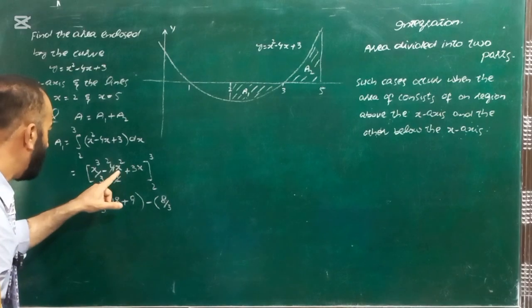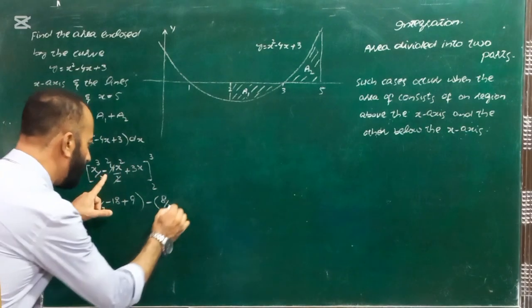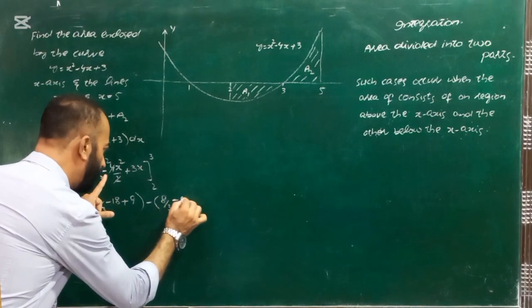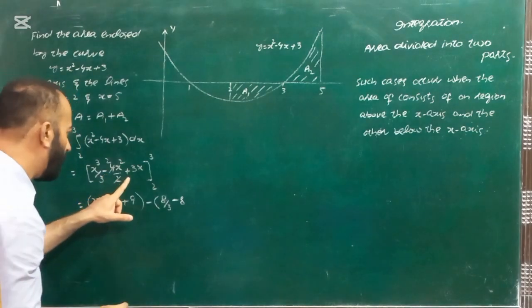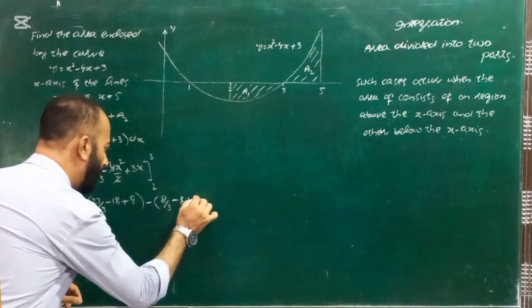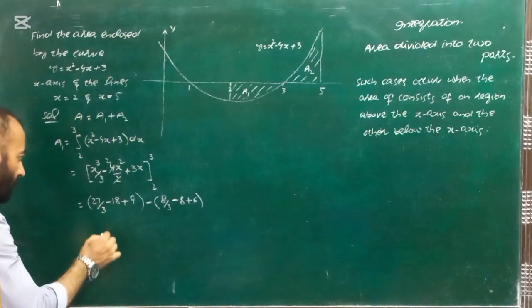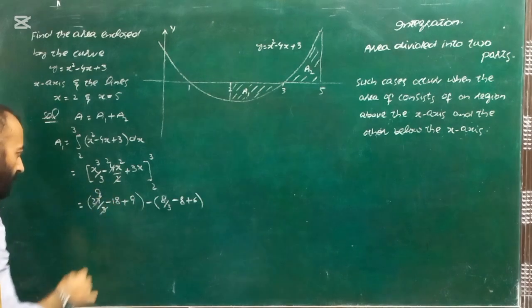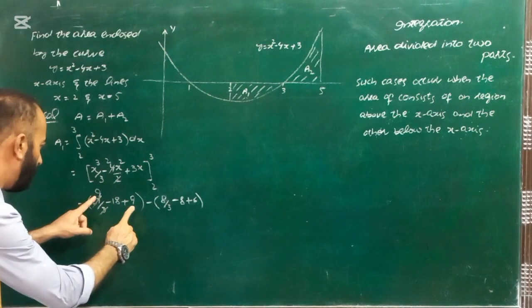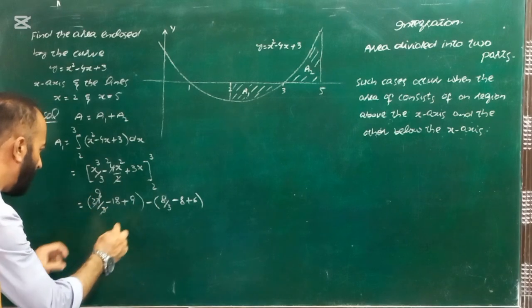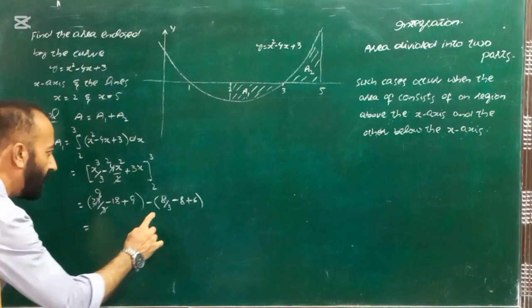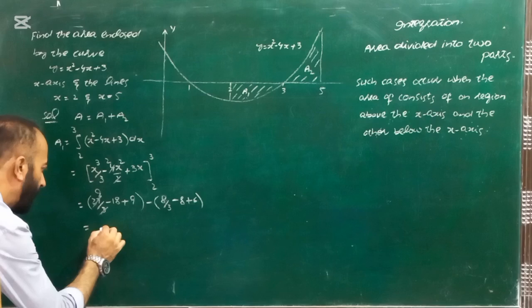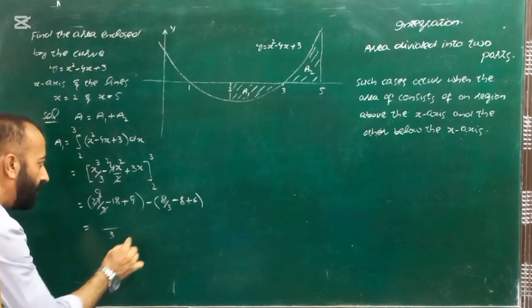When 2 will be placed here, 4 into 2, 8, so minus 8, and 2 threes are 6. Now solve it. 3 nines are 27, plus 9 will be 18, minus 18 will be cancelled, so it will be 0. And from here take the LCM, that is 3.